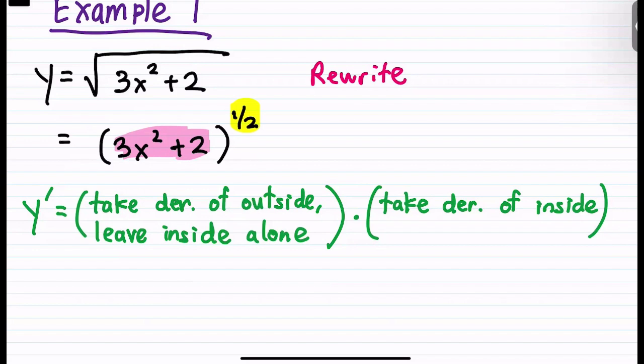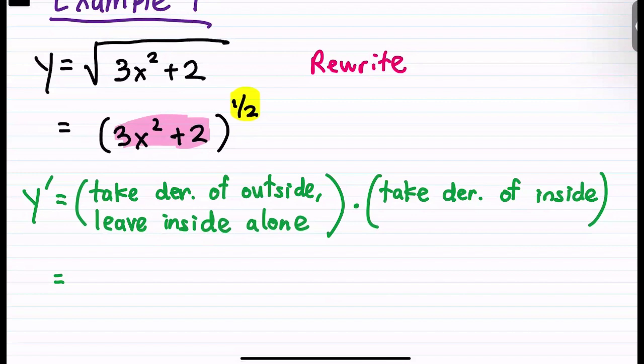Now let's follow this formula to help us take the derivative of this composite function. I rewrote the formula here to remind you how to use the chain rule. So take the derivative of the outside function first. So the outside function is this 1/2 power. So we'll use the basic power rule.